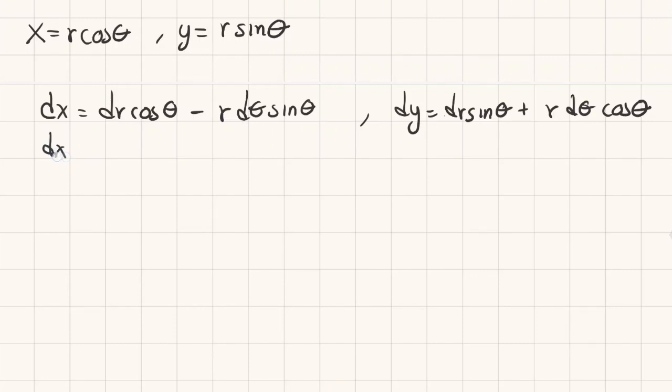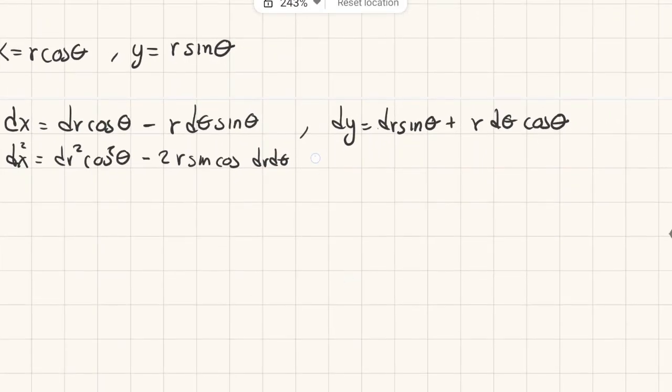That will be dx squared equals dr squared cosine squared theta minus 2r sine cosine dr d theta, and then plus r squared d theta squared sine squared.